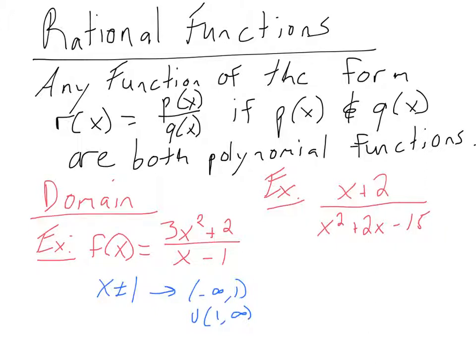In this case, we'll call this function f of x as well, right? We have a function x plus 2 over x squared plus 2x minus 15, and we want to know what is the domain of this function. So we can't necessarily tell readily by looking at the denominator what values of x are going to make that 0. So what we can do is do what? Okay, yeah, go ahead and factor the denominator here.